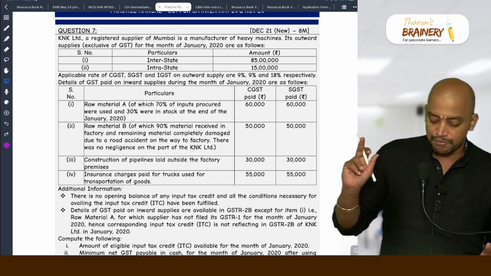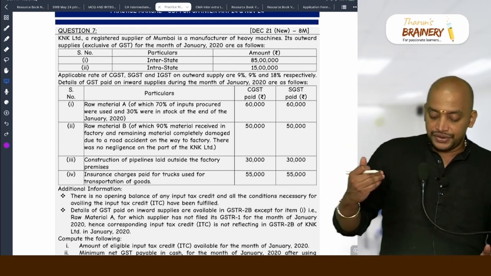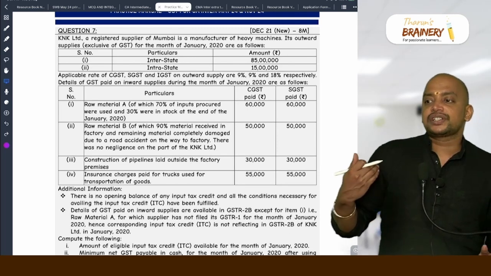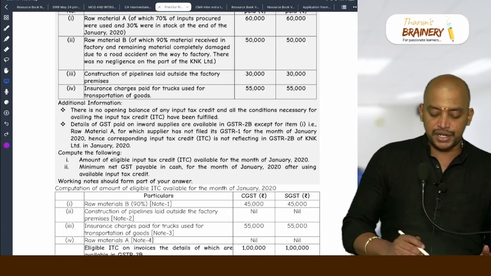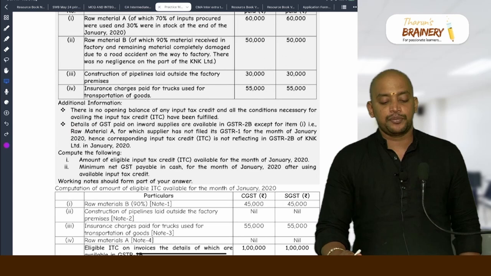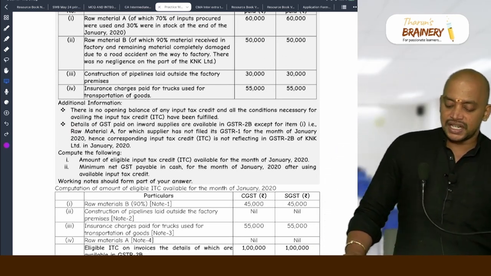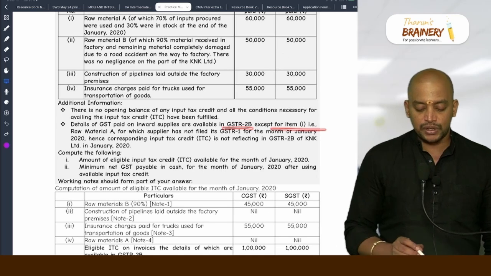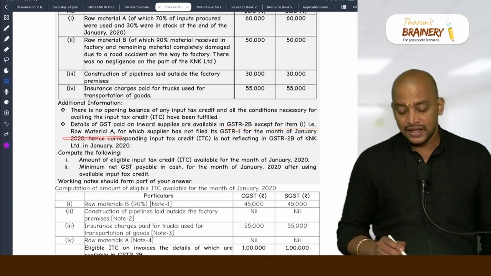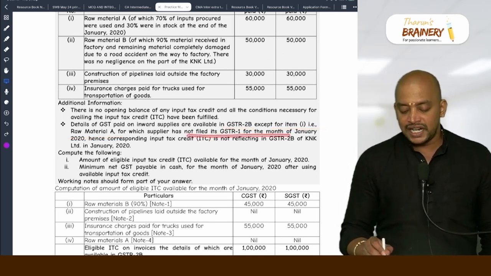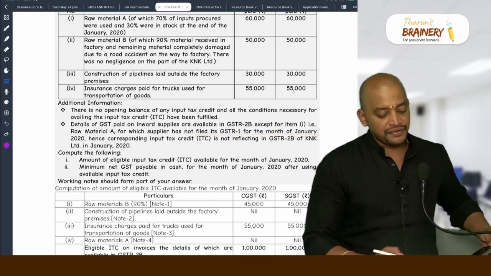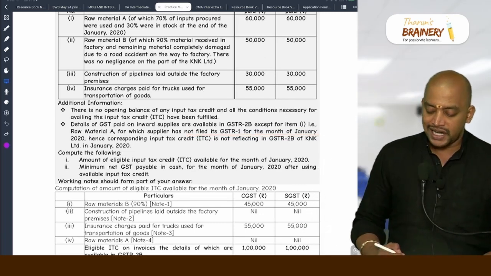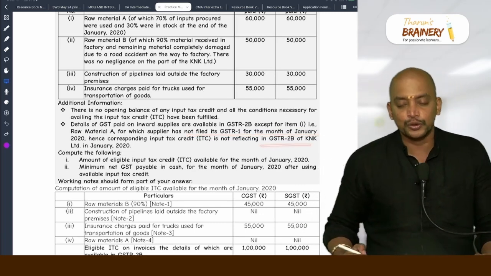This can be taken, but this should be reflected in GSTR 2B. They gave one additional piece of information related to that. See the second point. Details of GST paid on inward supplies are available in 2B except for item number 1, that is raw material A, for which the supplier has not filed its GSTR 1 for the month of January. Hence, corresponding ITC is not reflected in 2B.